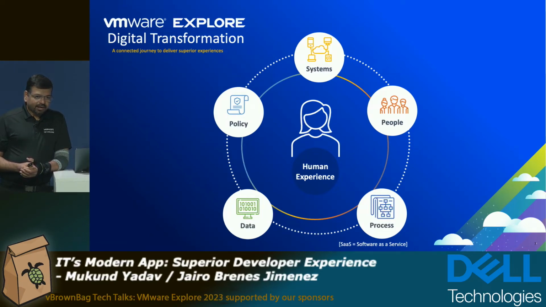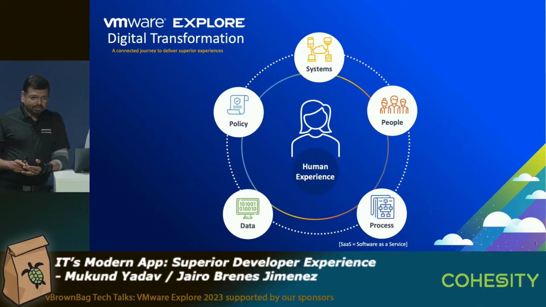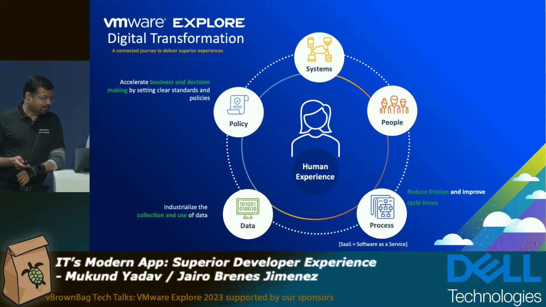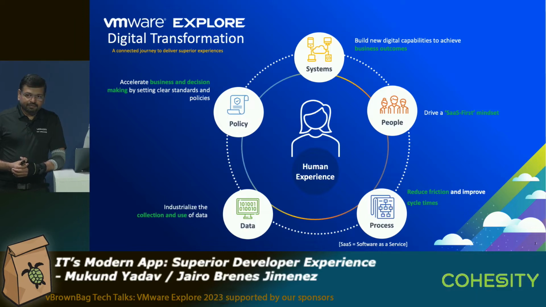We look at it as three approaches: people, process, and technology. Apart from that, we also work on policy as well as data. You must have always heard about people, process, technology, but policy and data are also a priority for us. When it comes to people, we make sure that they understand the SaaS-first mindset of VMware.